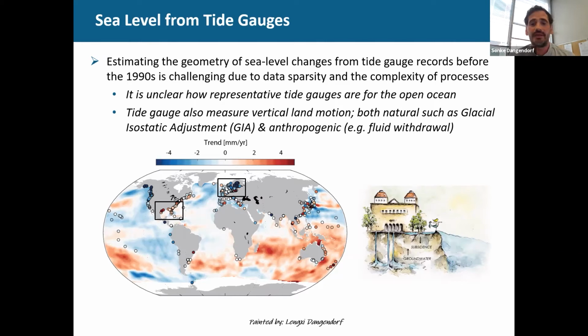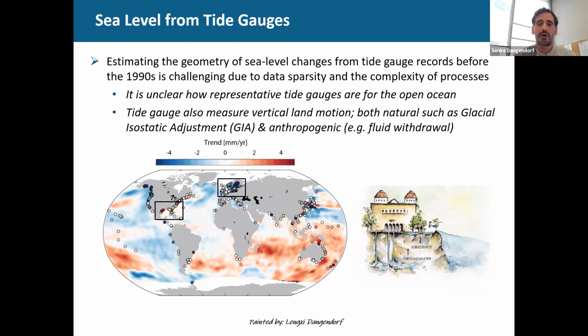Another example can be anthropogenic vertical land motion. For instance, over the last century, we have been starting to withdraw a lot of fluids from the ground, for instance, groundwater, but also oil and all that stuff. And an example is the Gulf of Mexico.